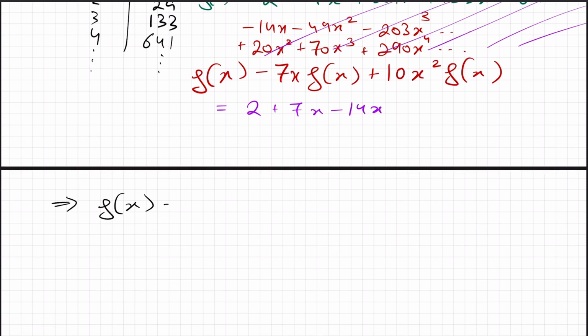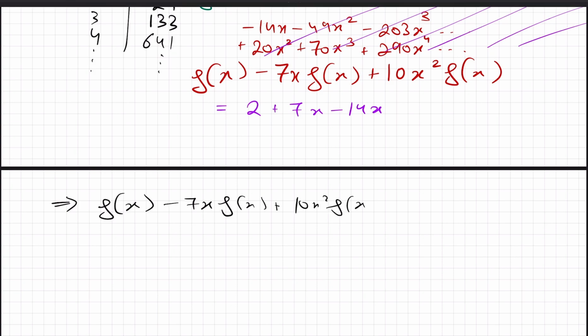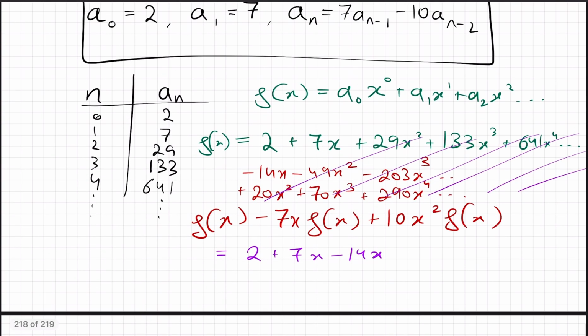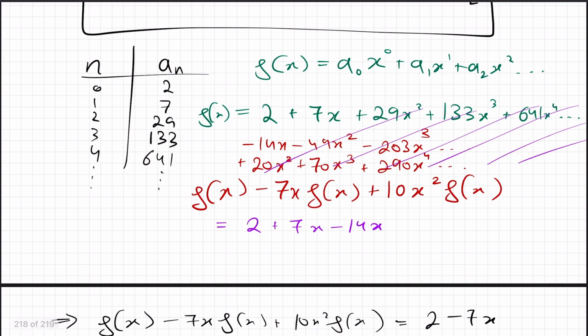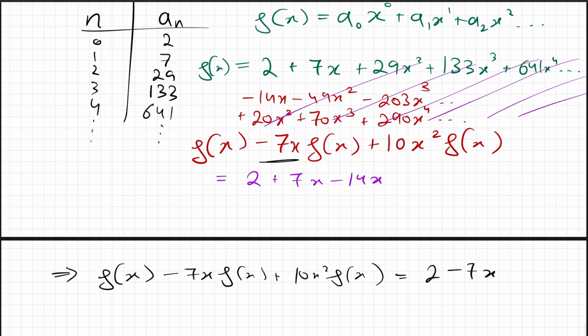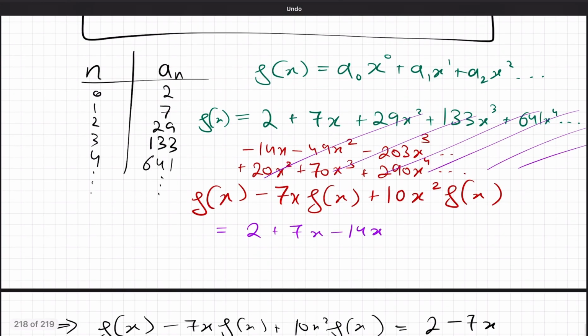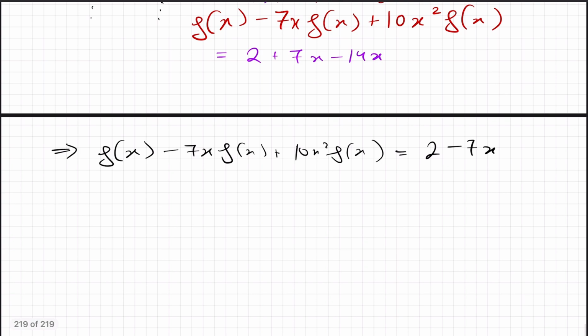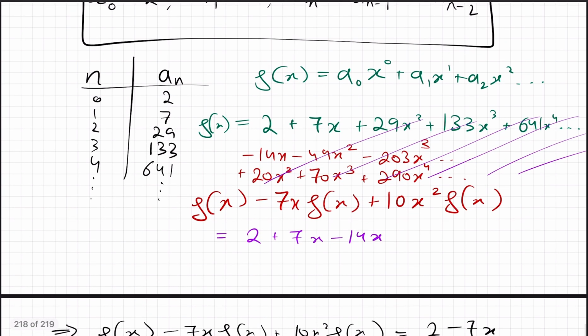This means f of x minus 7x f of x plus 10x squared f of x is equal to 2 minus 7x. With all these cancellations and strategically picking these minus 7 and plus 10 to cancel out the 2, which is how you construct the next term, we're able to cancel out all terms except for the first few.